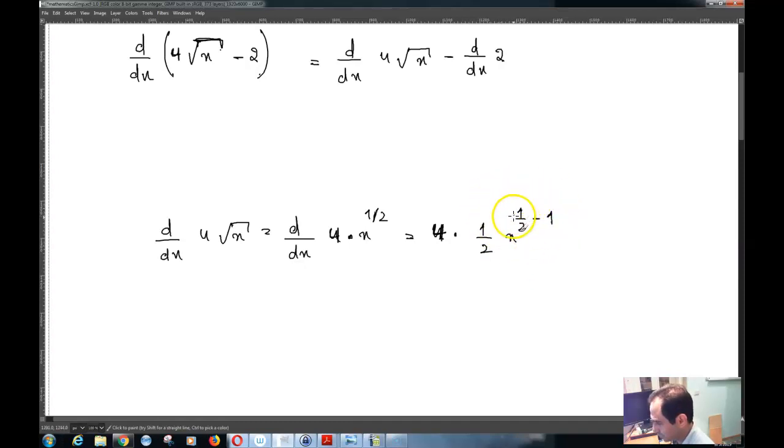So 1 by 2 minus 1 is basically negative 1 by 2. So that would be x raised to the power negative 1 by 2. And 4 and 2 you can cancel out. So you have 2 times x raised to the power negative 1 by 2, which is the same thing as 2 over x raised to the power 1 by 2, which is equal to 2 over the square root of x.